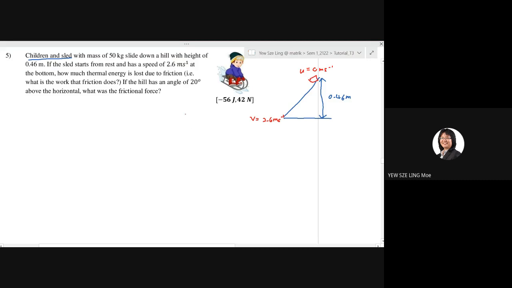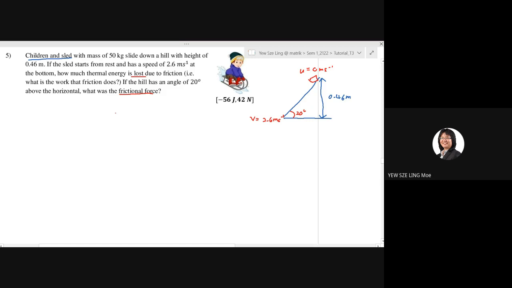And then how much energy is lost? So again, it's an energy loss question. And if the hill has an angle of 20 degrees, so now you have a 20 degree angle here, then it wants you to calculate how much energy is lost, and what the frictional force is. So there are two things you need to calculate.